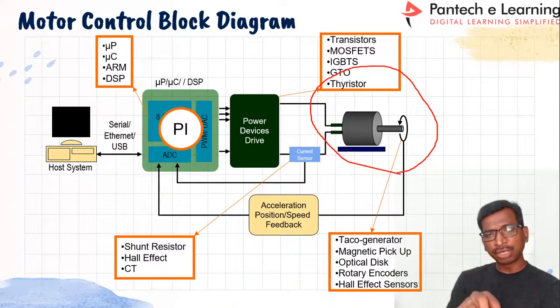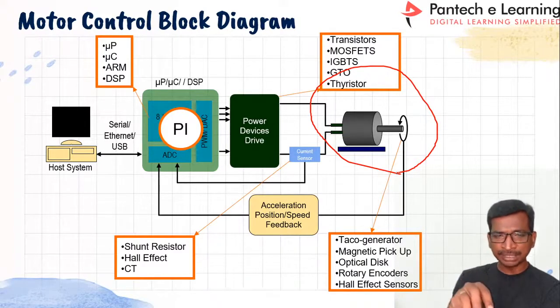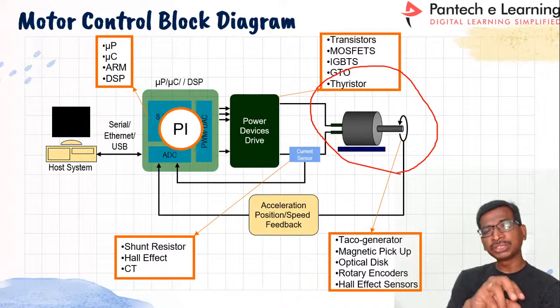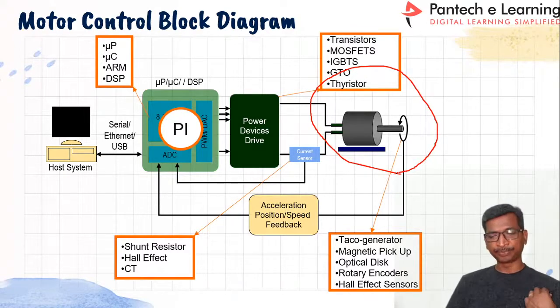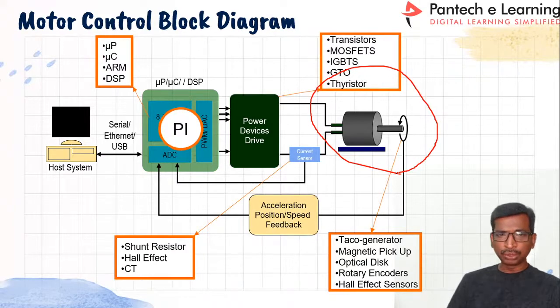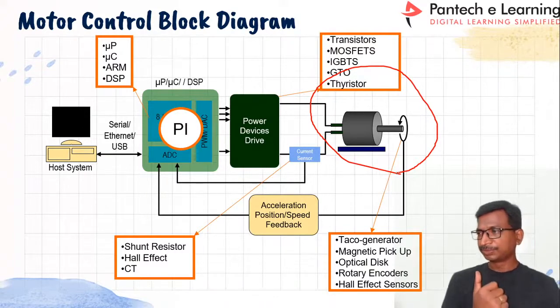It keeps monitoring the parameters, and based on them, the application code inside the microcontroller generates control signals for the power device drive, right? So always keep in mind that we should provide some isolation.